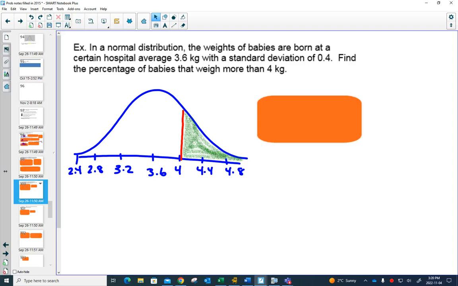Was anybody here a super, super big baby? I don't remember how much I was. 35 pounds? No, just kidding.